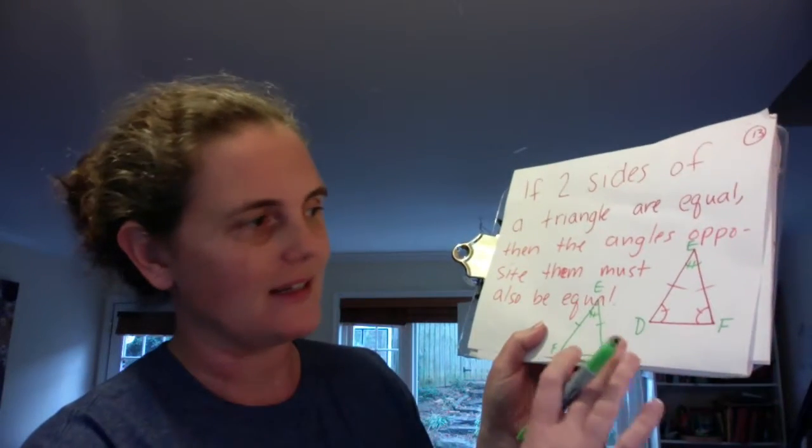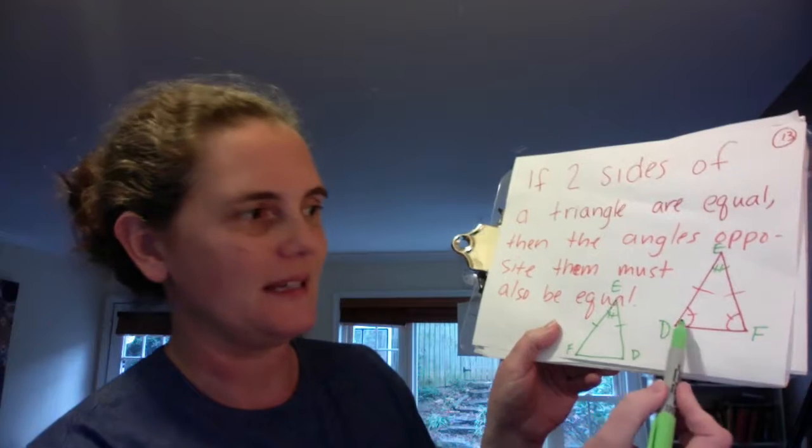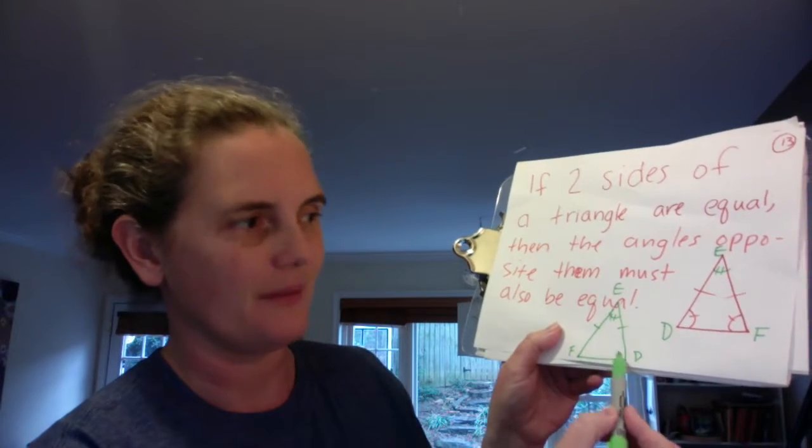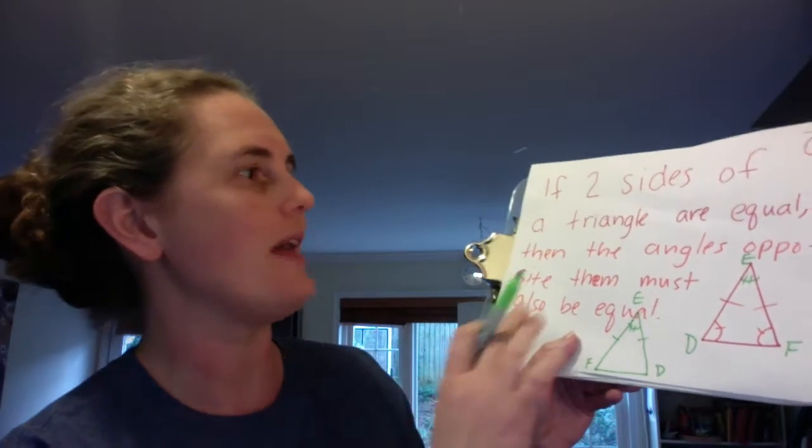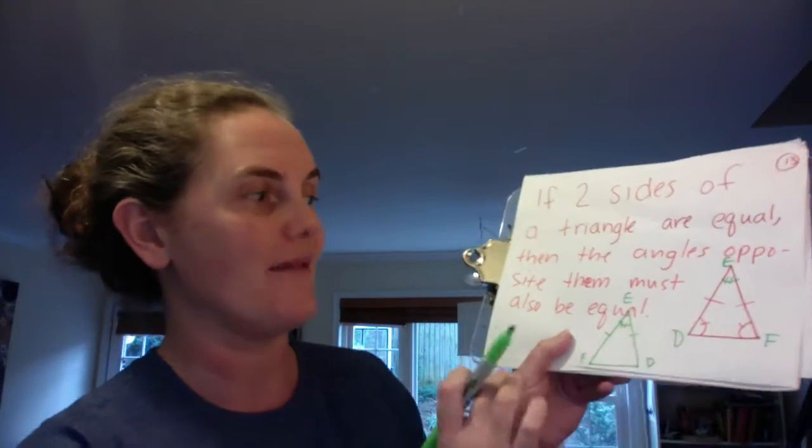And so that means that D winds up equaling F. You can show that those angles, D and F, have to be equal to one another. Like I said, look through the book if you want to follow that proof a little more closely.